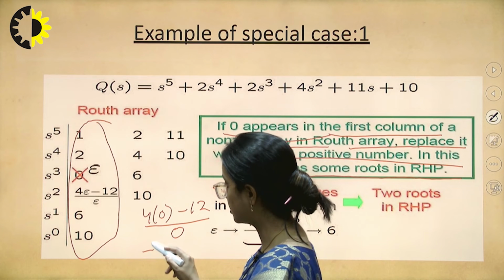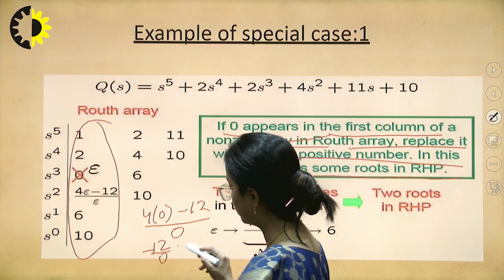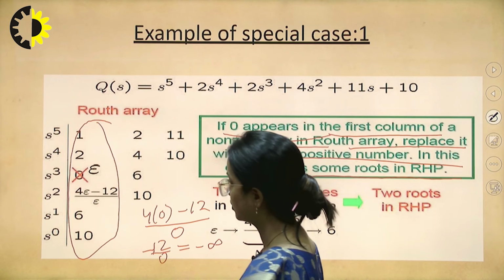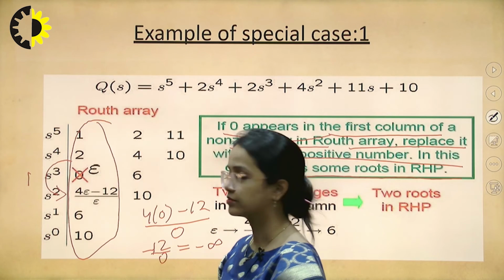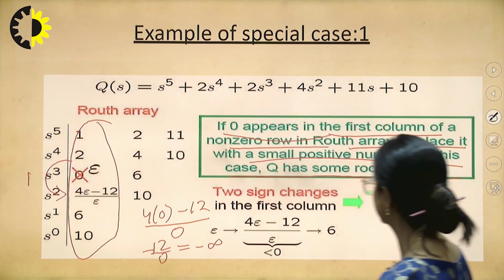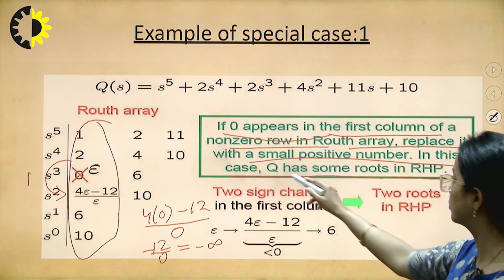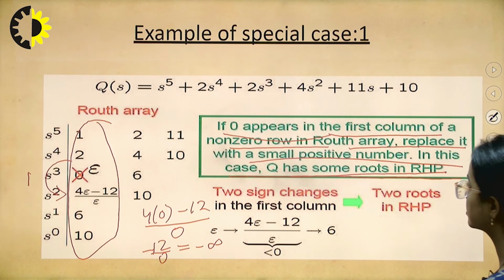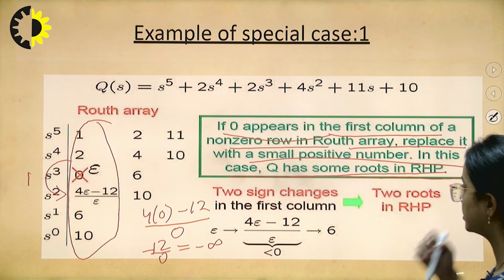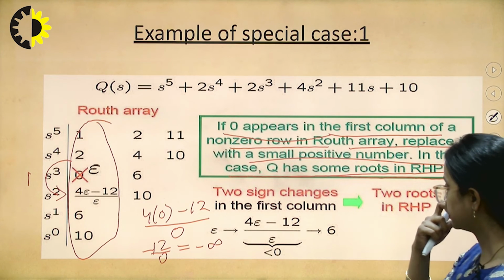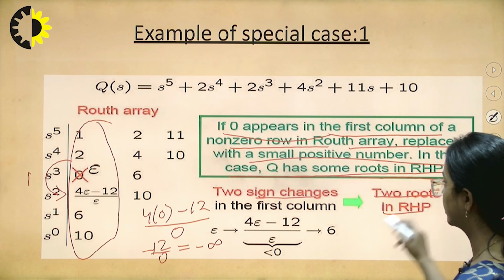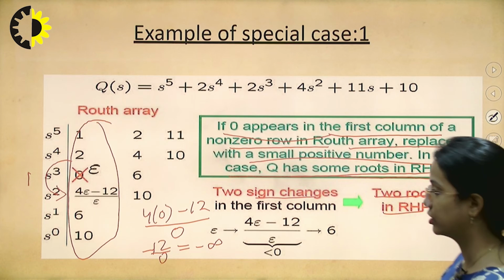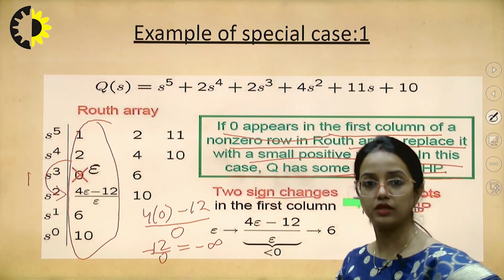Like minus 12 by 0, it will be minus infinite. So from here to here we are changing the sign. Q has some roots on the right hand side. So we can see the two sign changes, two roots on the right hand side of the S plane. So we can predict that the system is unstable.